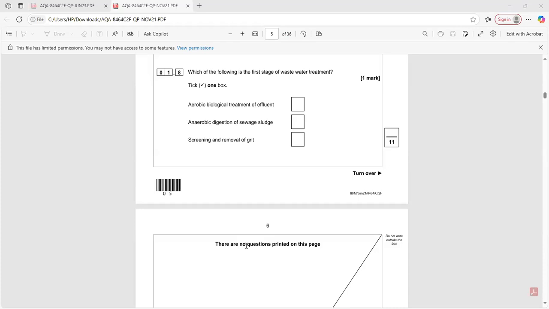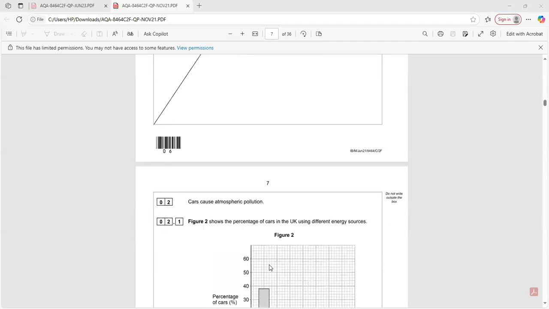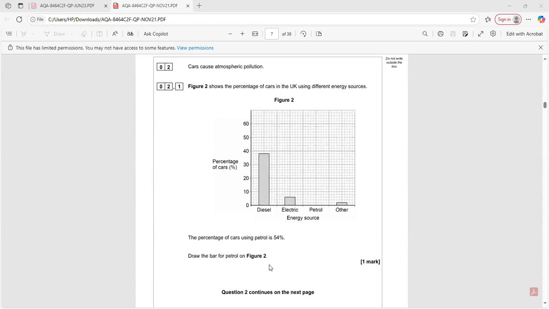The last one. The first stage, did you say the last one? Yes, the last one. Okay, screening and removal of grit. Okay, that should be it. Yes, I think I'll go with that too.